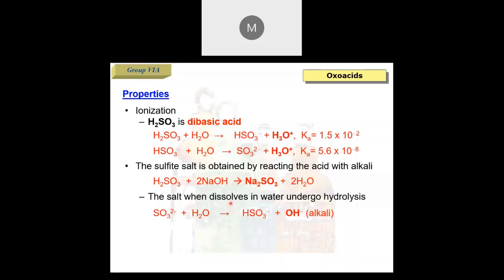The salt, when dissolved in water, undergoes hydrolysis. It is much less acidic as compared to the sulfuric acid, which has the oxidation number of 6 for the sulfur. The salt that is produced will undergo hydrolysis with water to form a basic solution.